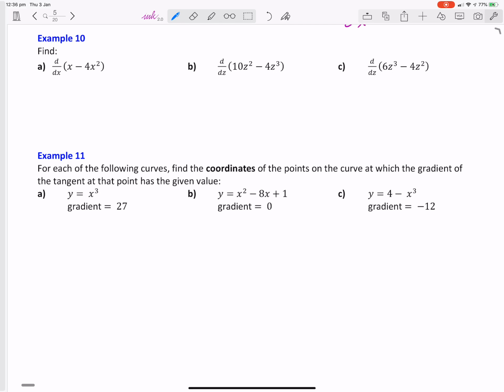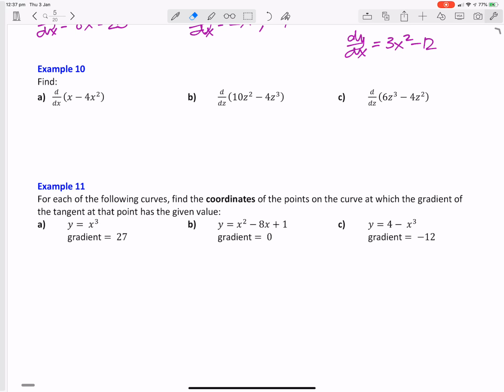Okay, these are a bit different. If I said to you y equals x minus 4x squared, and then if I said dy dx, you know that you would just derive that. You would get 1 minus 8x. Basically, that's the same thing here. They've said, find with respect to x the derivative of this.